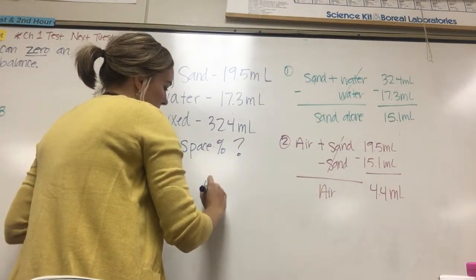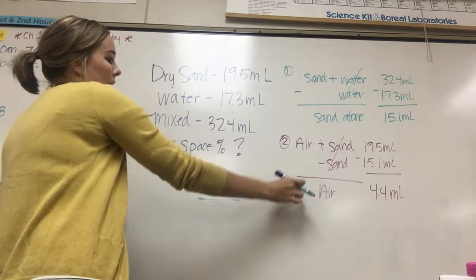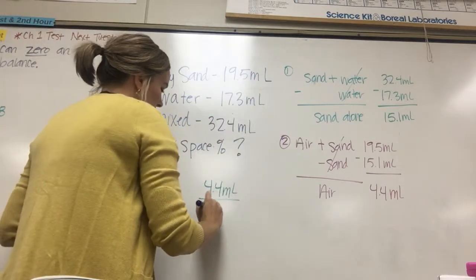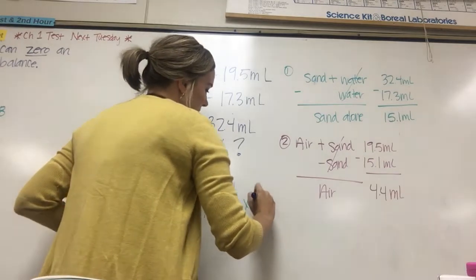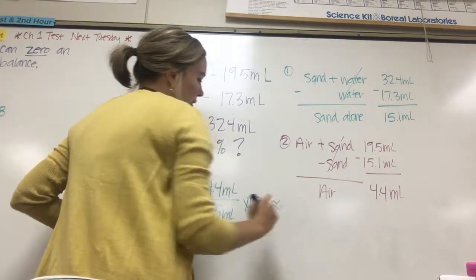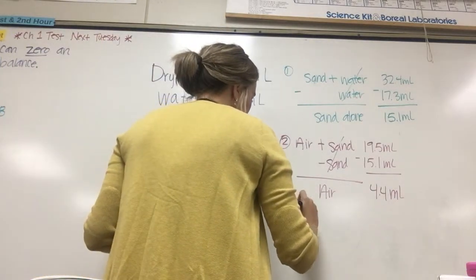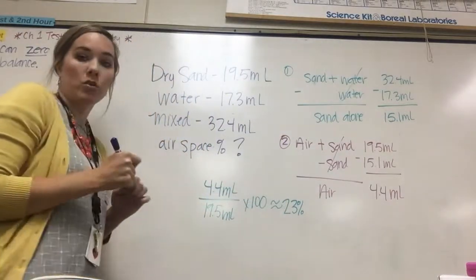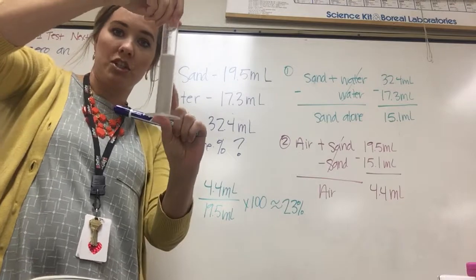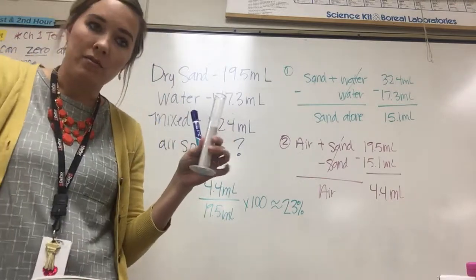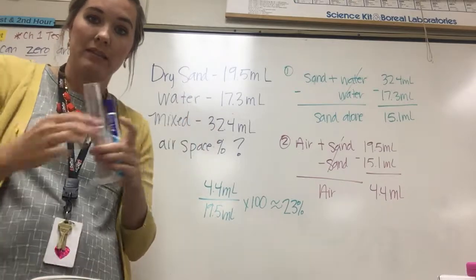To do that, it's your 4.4 milliliters of air divided by how much air and sand we had, times 100, and we're left with about 23%. So about 23% of our original sample was just air. This is why using volume as a measurement sometimes has some limitations.